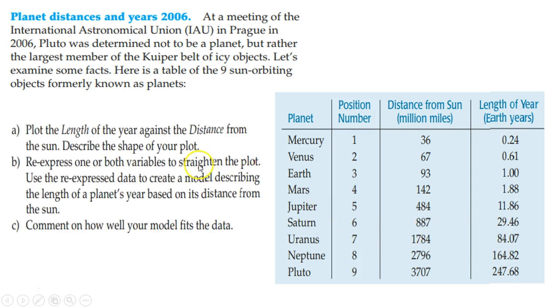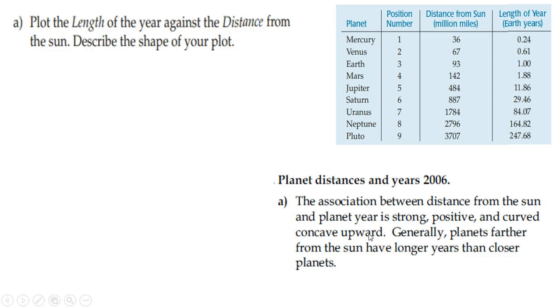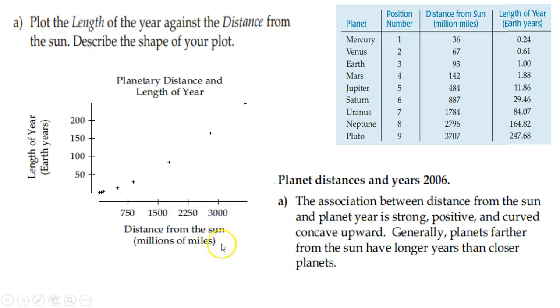Before getting there, it says plot the length of years against the distance from the sun and describe the shape of the plot. So you have your two lists. So plot the length, describe the shape. So we have the length of years in the y, the distance in the x, and it's looking positive. It looks like it could be linear.